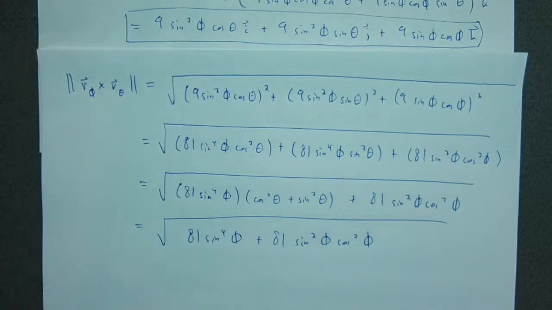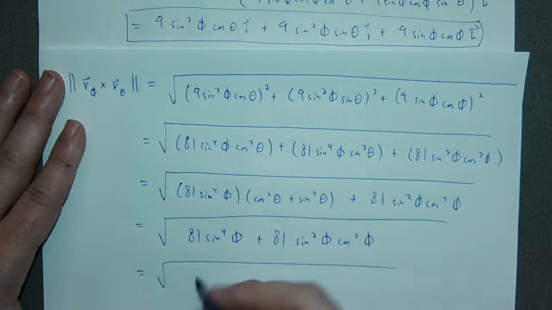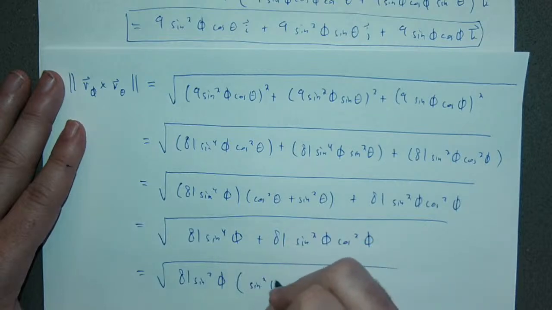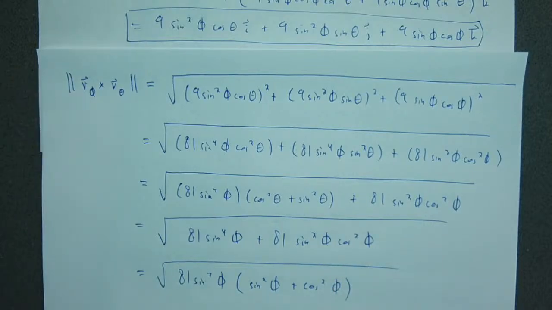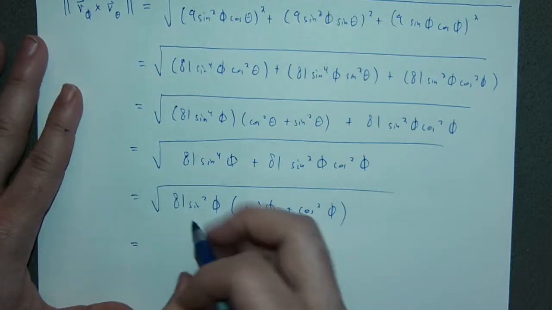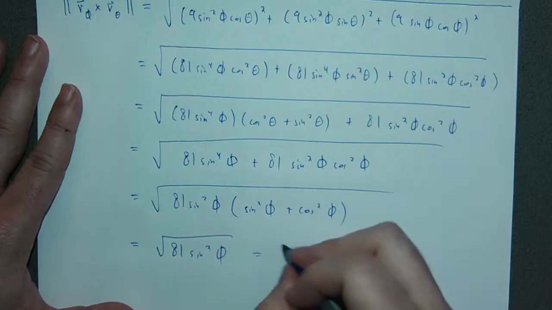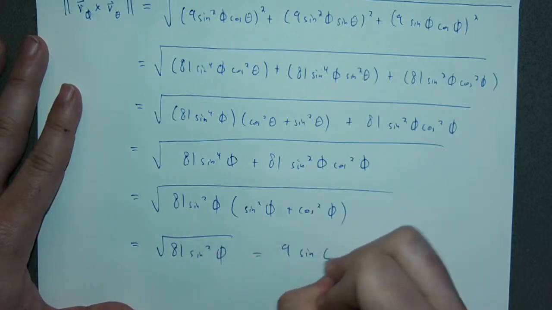Now, if you just look at this for a second, maybe it looks like you're doomed here and nothing is going to come of this. But what if I factor out 81 sine squared phi from both of these things? What do I get? I get the square root of 81 times sine squared phi, and in parentheses here, I get sine squared phi plus cosine squared phi. Oh, we're good, right? We're good. And so this is the square root of 81 sine squared phi, which is 9 sine phi.